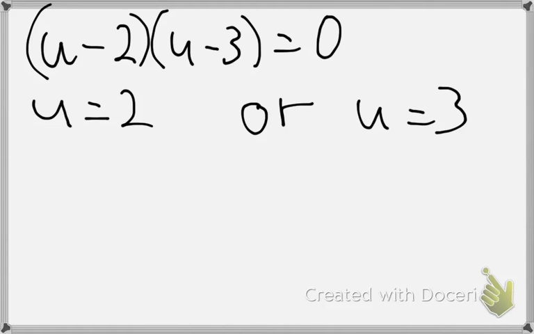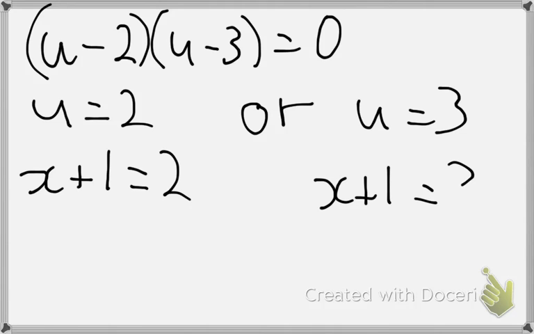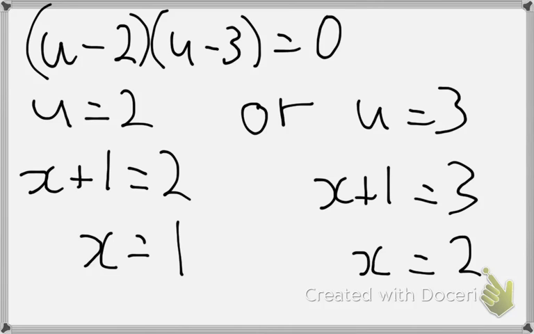I know that u is equal to x plus 1, so I'm going to replace my u's with x plus 1. So x plus 1 equals 2, or x plus 1 equals 3. I can then find x. x is equal to 1, or x is equal to 2. And I'm done.